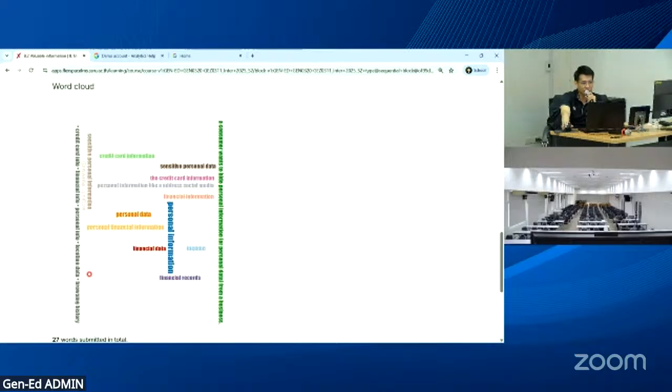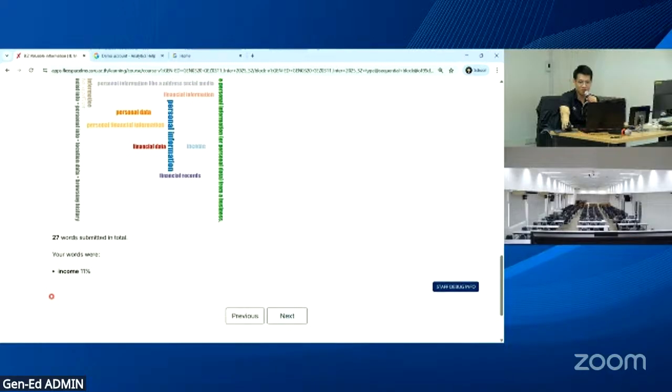Location data, okay, that's your concern, your privacy. You don't want them to know where you are. So you don't want to disclose the location information to businesses. Financial info, credit card info, personal data. Okay. Now we have some trends about the information that customers don't want to share with the business. 27 responses in total. So very good, everyone.